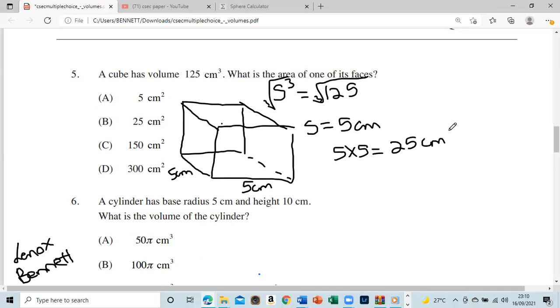It has 6 equal sides. So we multiply this by 6, and we get the total surface area. So 6 times 5 is 30, 6 times 2 is 12, and that 15. So it's 150.